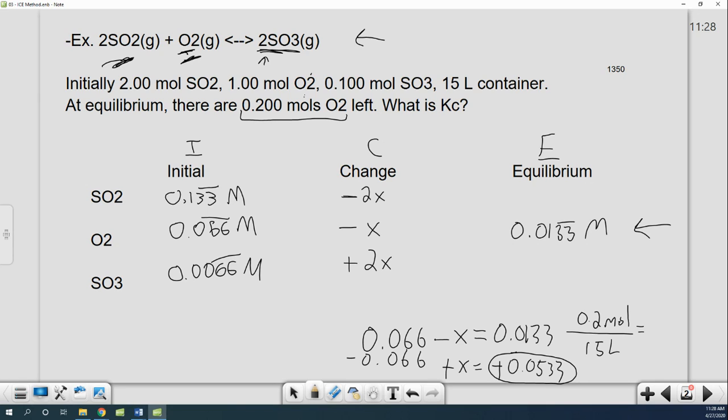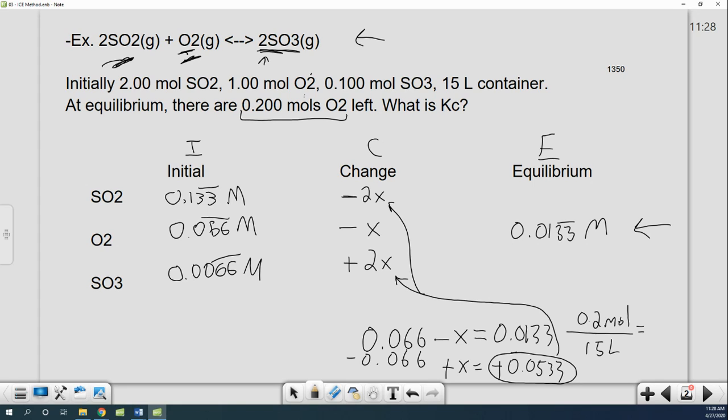Positive x is positive 0.0533, which means I can find everything else at equilibrium. I can take that x and plug it in there and in here. So what is 2 times my x? 0.0533 times 2 is about 0.1066.